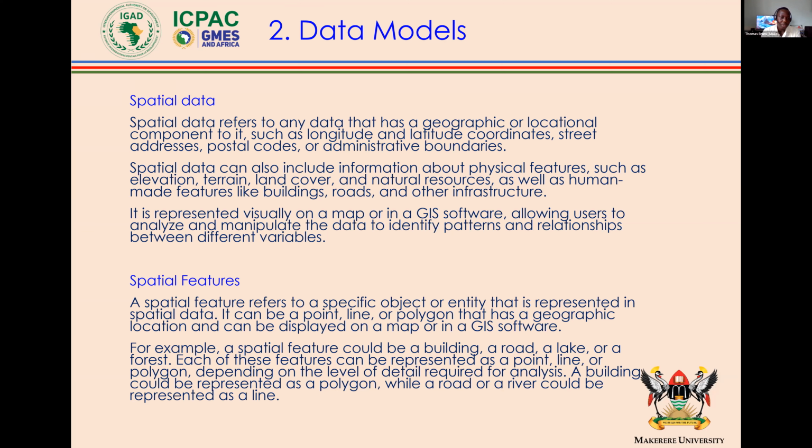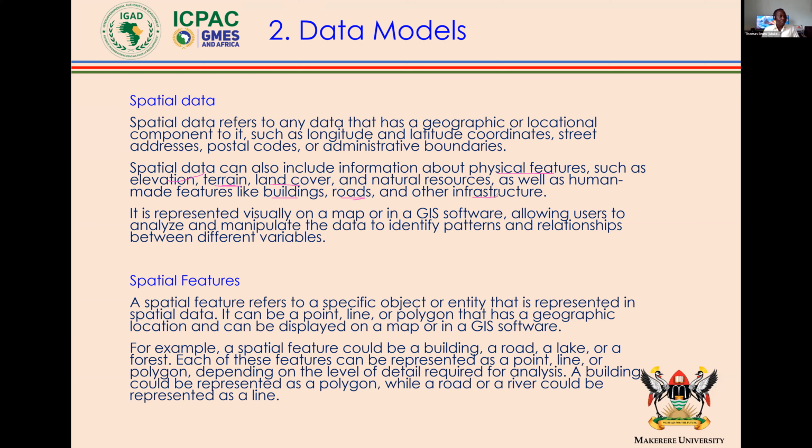So to go ahead, spatial data can also include information about the physical features, such as elevation. I know we could be knowing what an elevation is. A terrain. Terrain is also one of the spatial data that we have. If you've ever heard of land cover data, that is already spatial data, as well as man-made features, such as buildings, roads, and infrastructure.